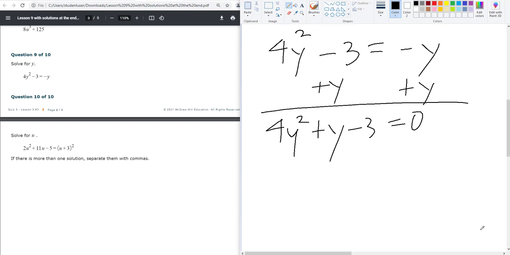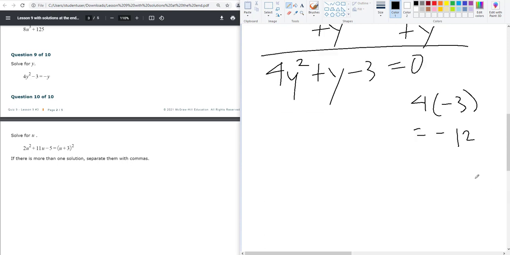All right, so now we have to do the AC method because we have a trinomial with a leading coefficient that is not 1. So 4 times negative 3 is negative 12. Okay? And the factors of negative 12 that will give us a positive 1. It's a negative 12, so we got to do negative 1 and 12, negative 2 times 6, negative 3 times 4, and there it is.